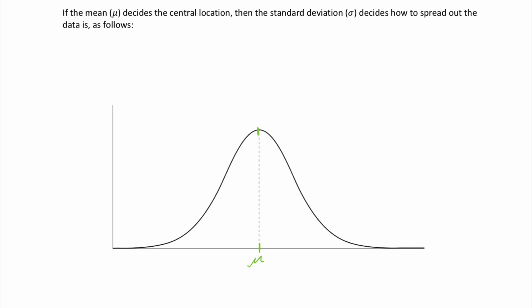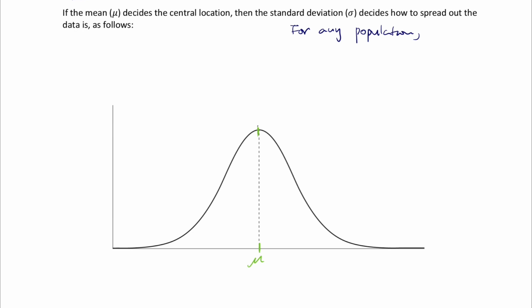So if you look at this graph here, for any population that is normally distributed, the area or probability is normally distributed with the mean and the standard deviation.